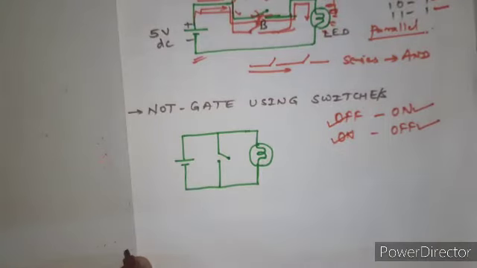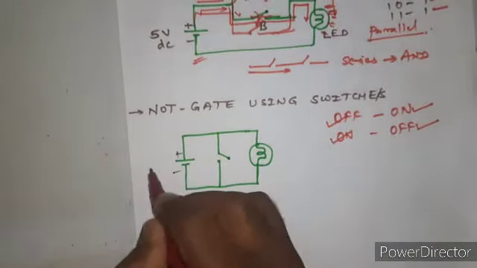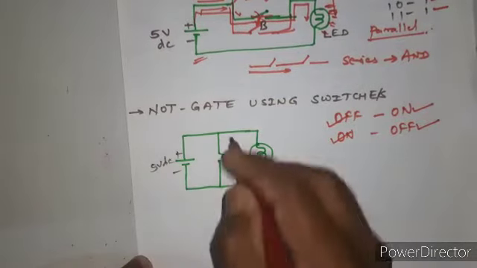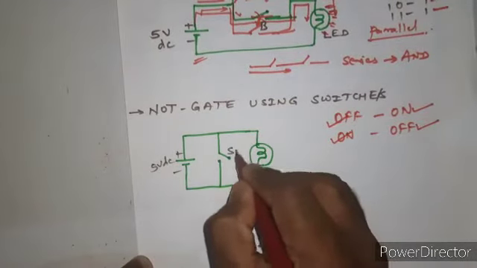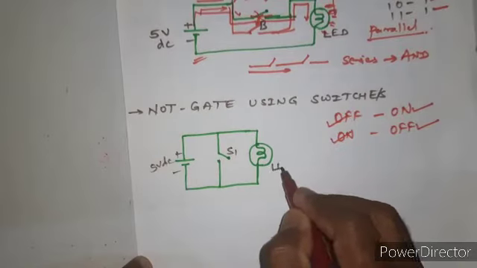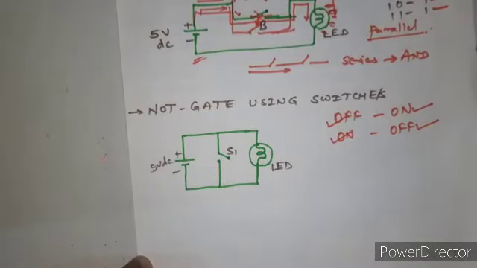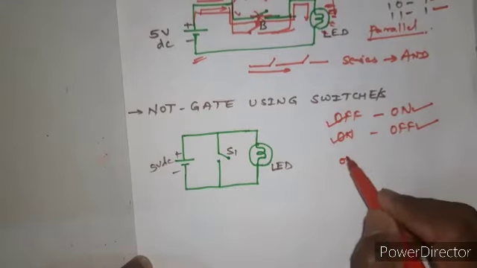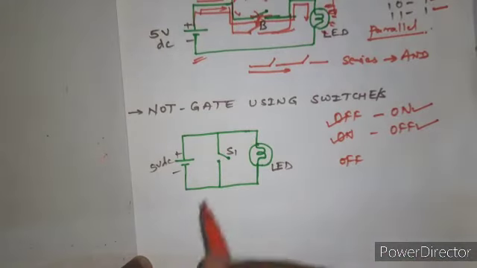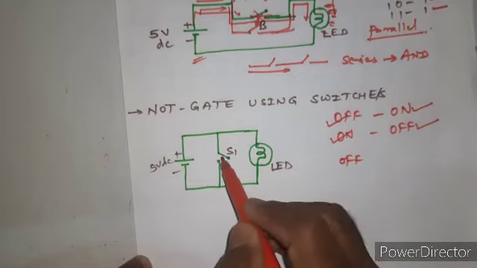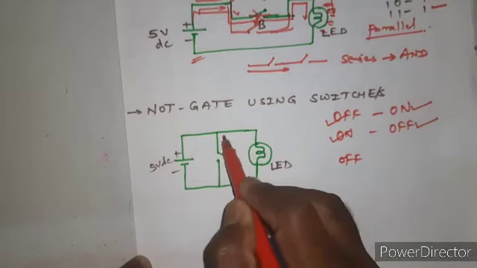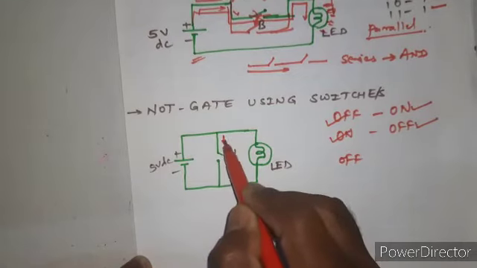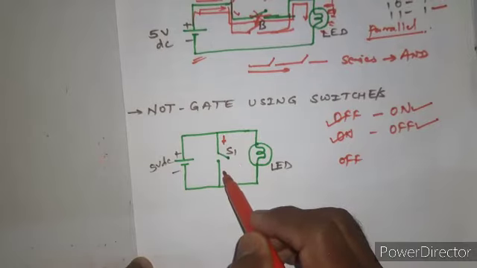So this is the circuit. Here we have plus minus 5 volt DC. This is switch, we can say S1, and this is our LED. Now see, switch open means it is off, right? So since this is open circuit, current has no chance to flow through the switch S1.